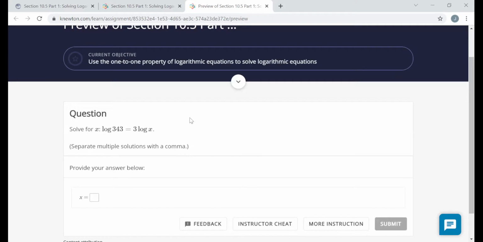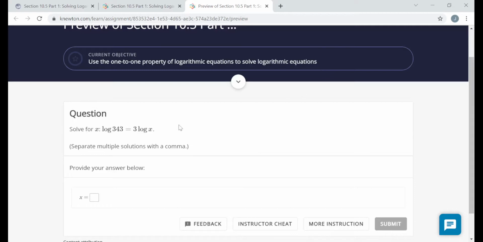Alright, so the first question is on the objective: use the one-to-one property of logarithmic equations to solve logarithmic equations. We're going to be using several properties of logarithms throughout this assignment.